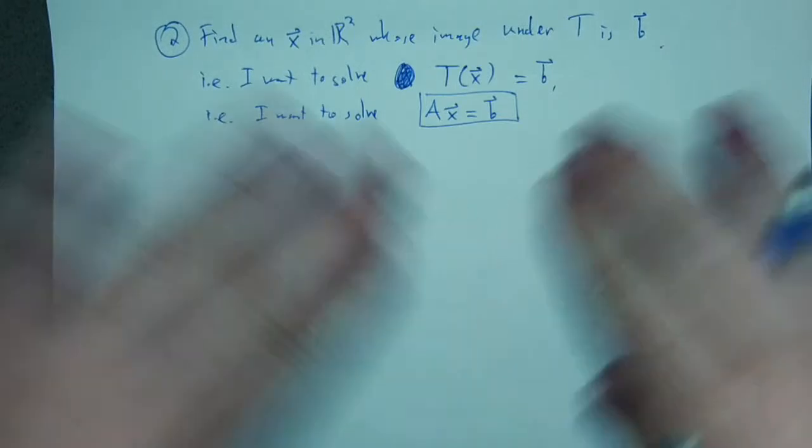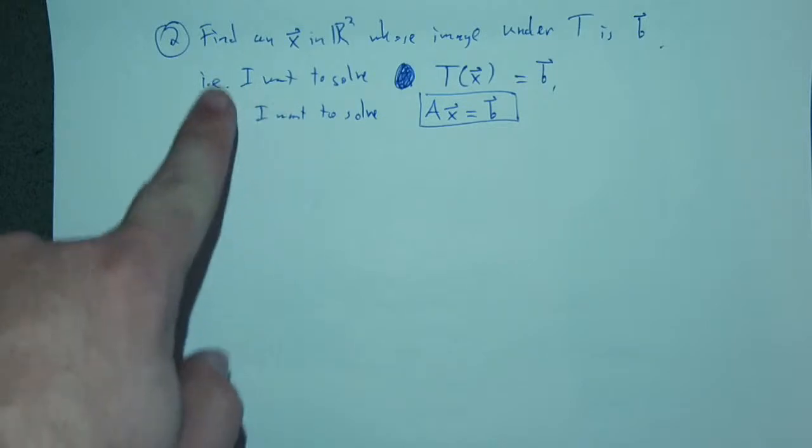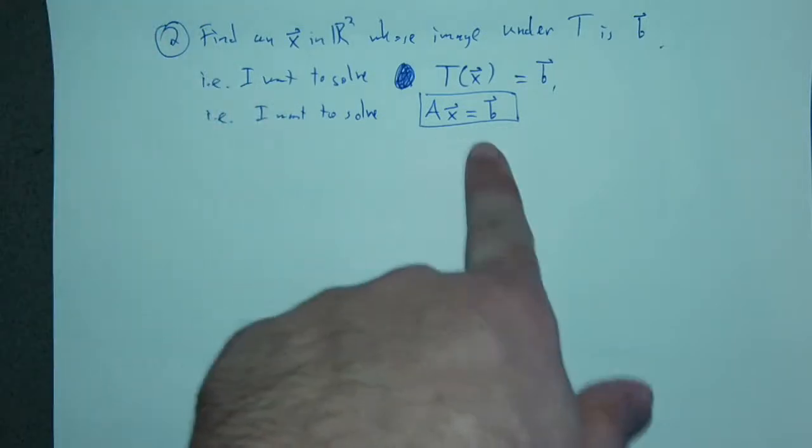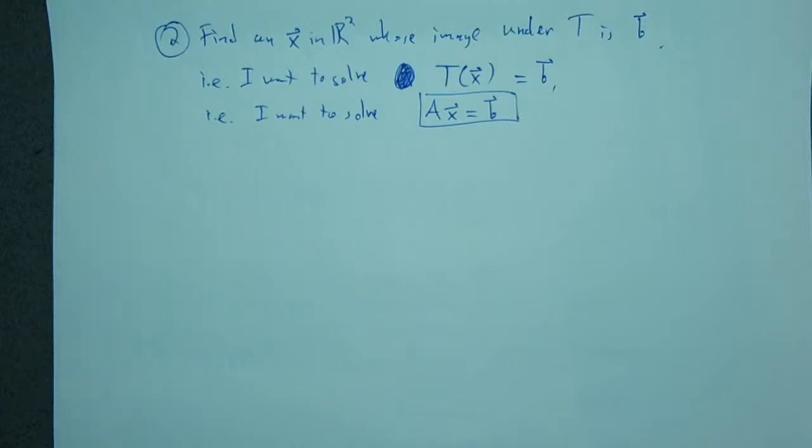So note, imagine you had never heard of a transformation in your life, and I asked you to find an x whose image under some transformation is b. You'd say, I don't know what a transformation is. But once I tell you it's just solving this matrix equation, then if you know how to solve the matrix equation, you could answer that question anyway, right?